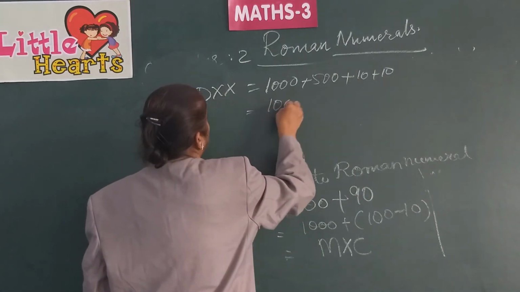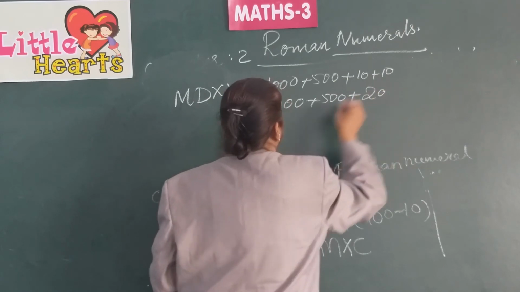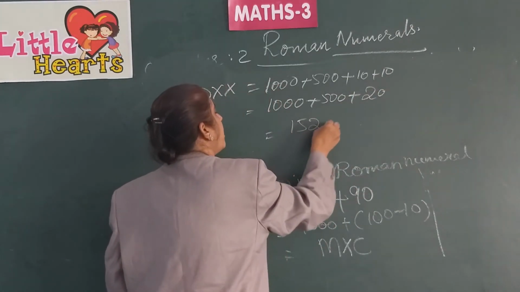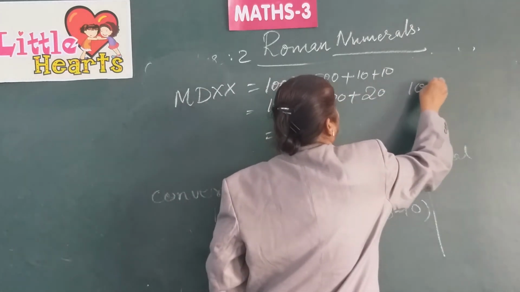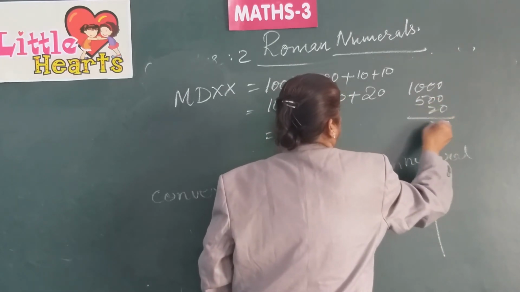So 1000 plus 500 plus 20, that is 1520. If you are unable to do directly, add like this according to the places.